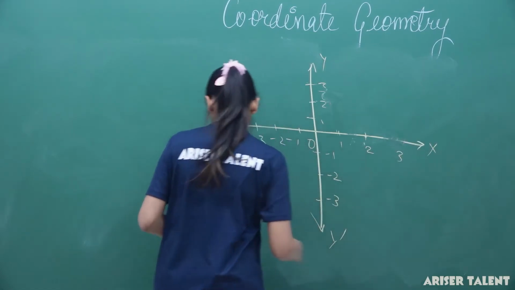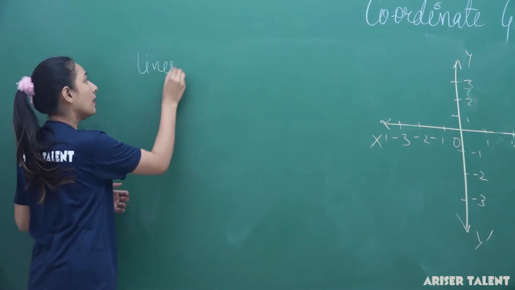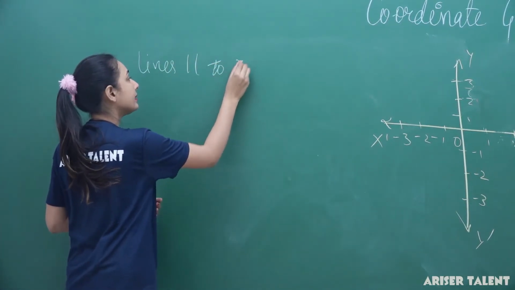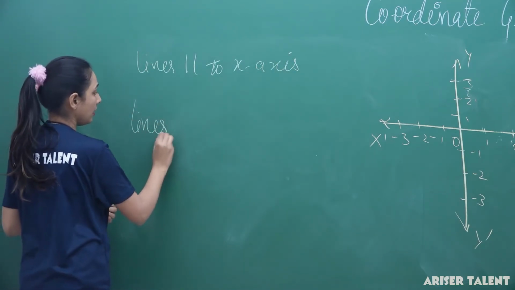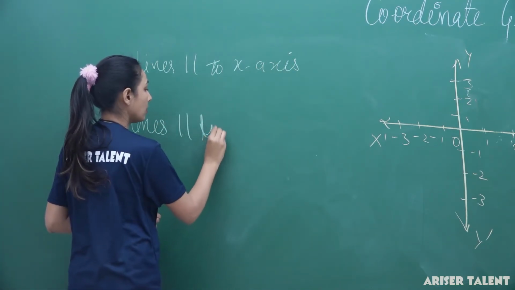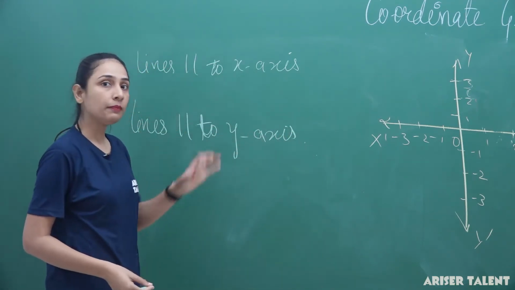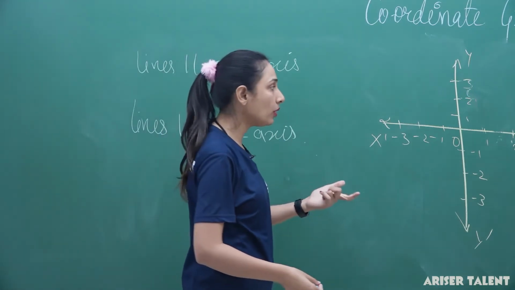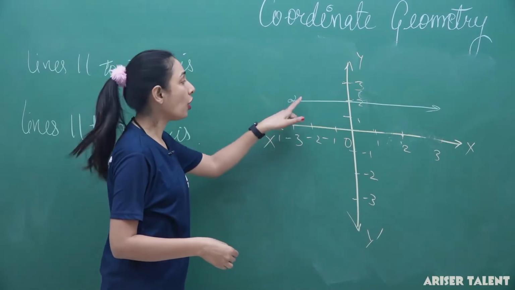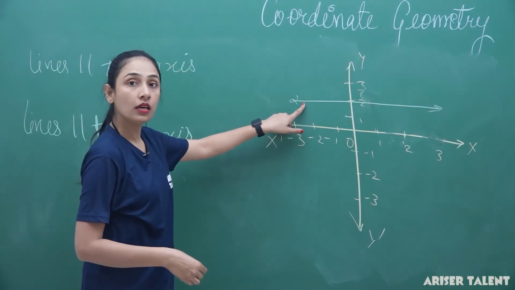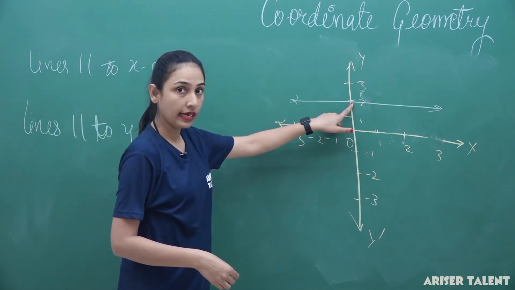Then again we were having some lines parallel to the x axis, and we were having lines parallel to the y axis. So, if we talk about the line parallel to the x axis, this is the line. If you talk about this, what is the value here of y? y equals 2, right?